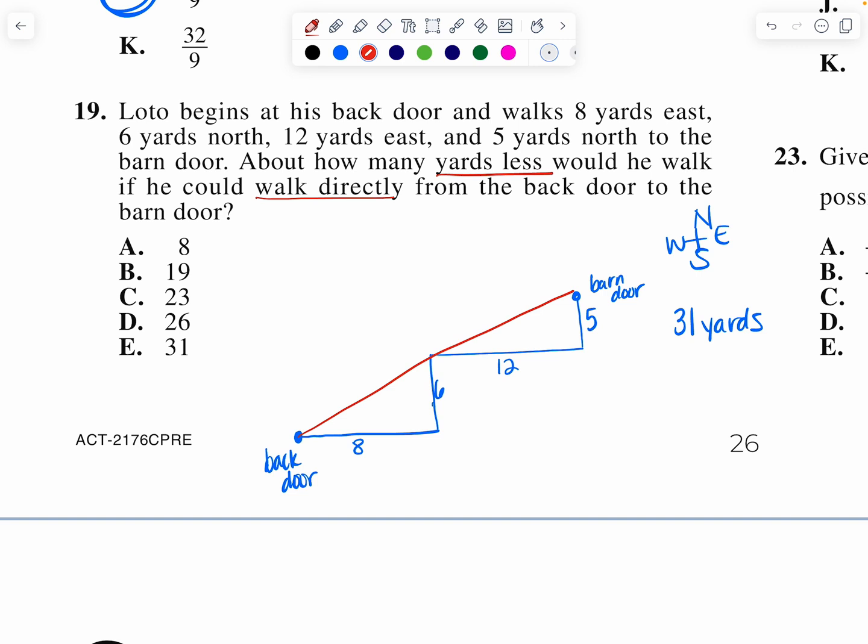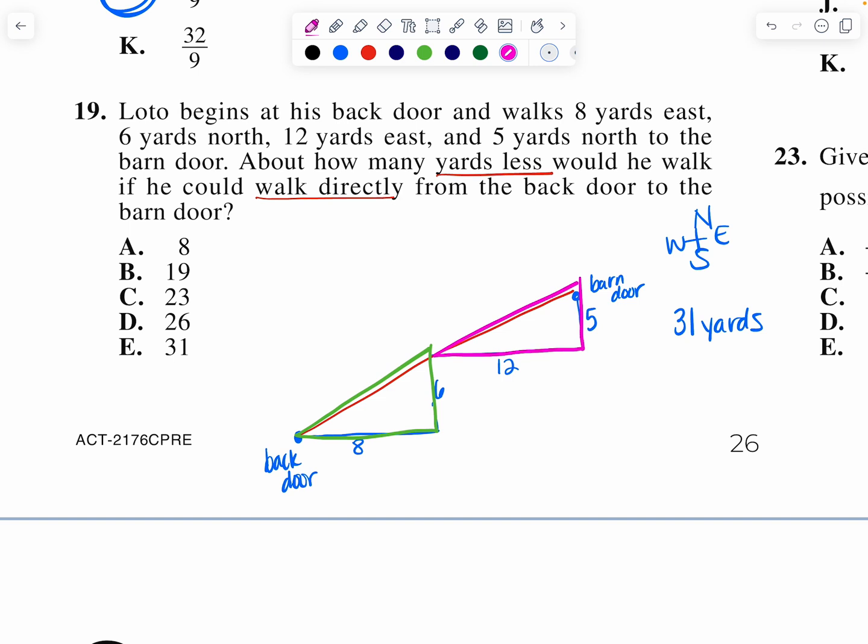In order to find that, I can see that I've created these two triangles, right? I have this triangle here in green, and I have this triangle here in pink. So now I need to find the hypotenuse of each one of those triangles, and I would add that together to figure out how far it takes him to walk from the back door to the barn door in a direct route.